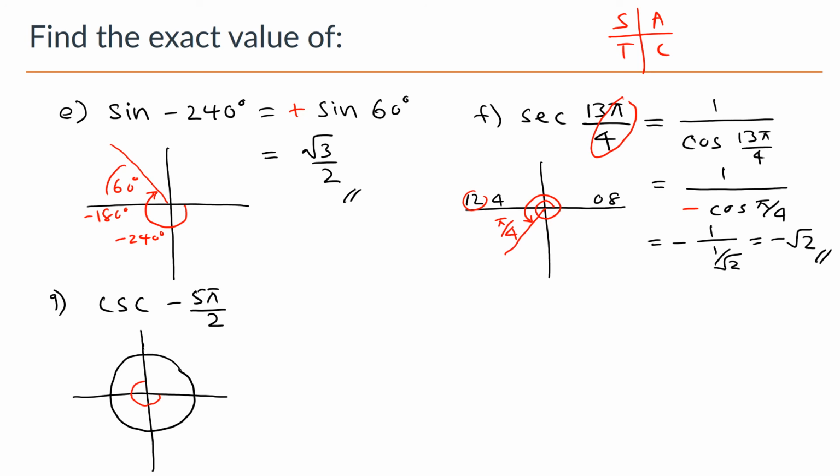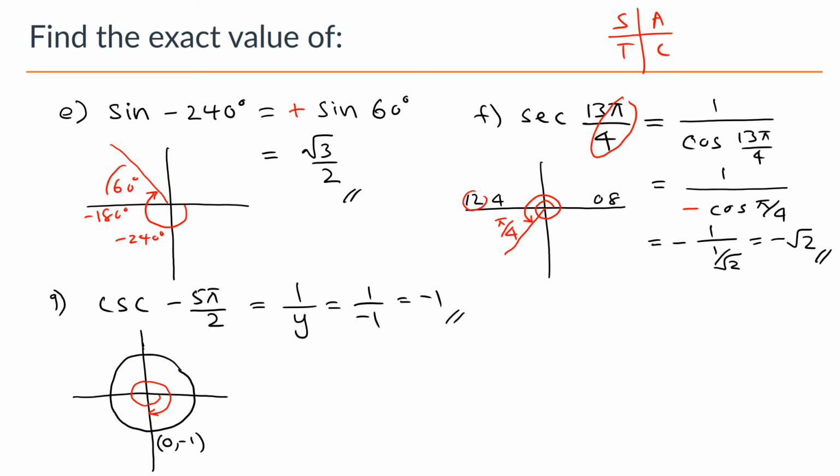So this is 4 and 5, so that's there. That means the point that we need is (0, -1). This is the cosecant, so it's 1 over the y coordinate, which means 1 over -1, which is -1. So we're going to calculate it like that.